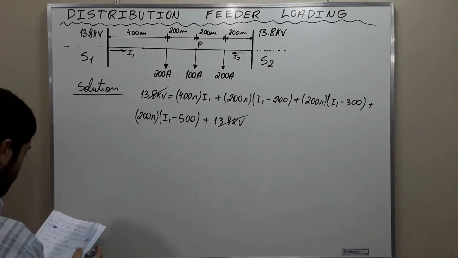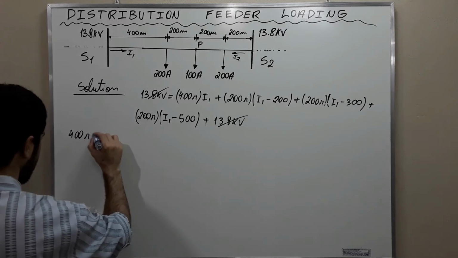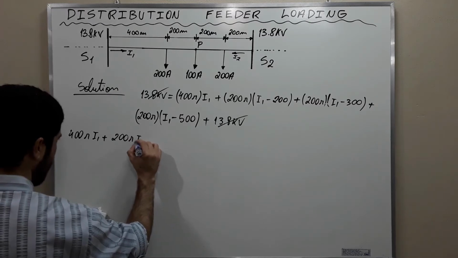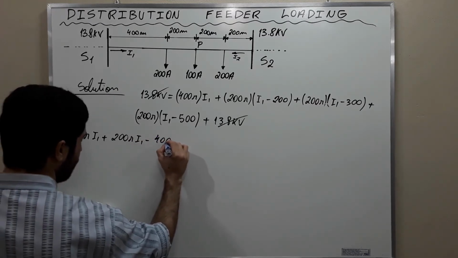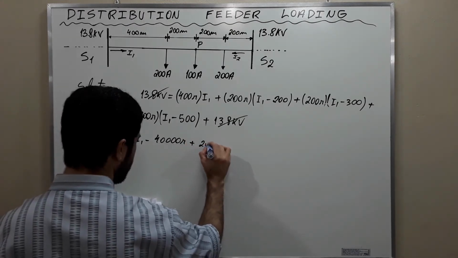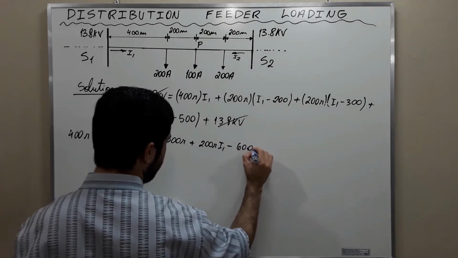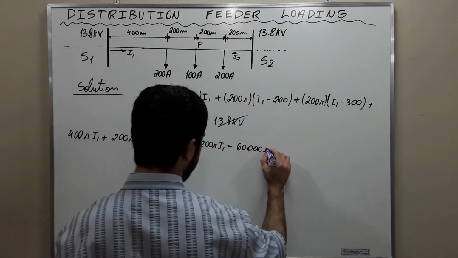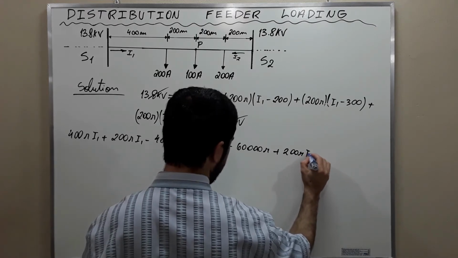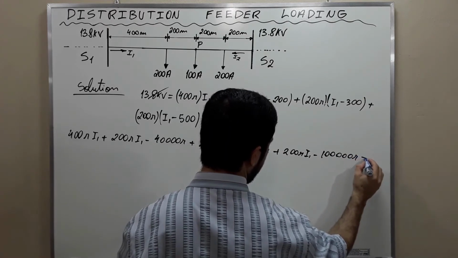It's going to be 400R I1 plus 200R I1 minus 40,000R plus 200R I1 minus 60,000R plus 200R I1 minus 100,000R equal to 0.